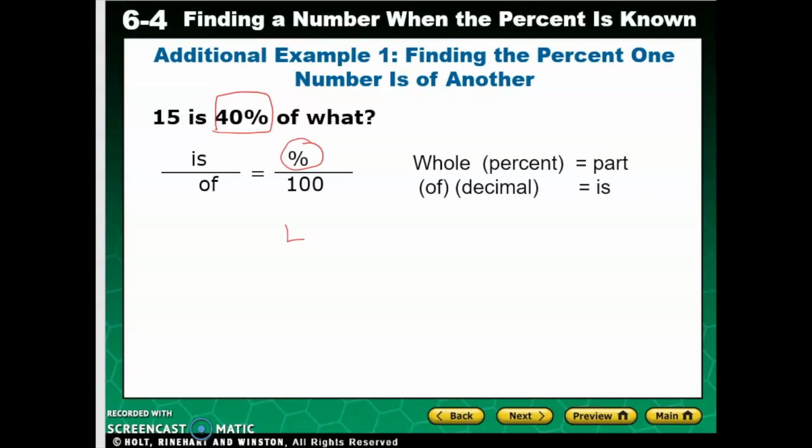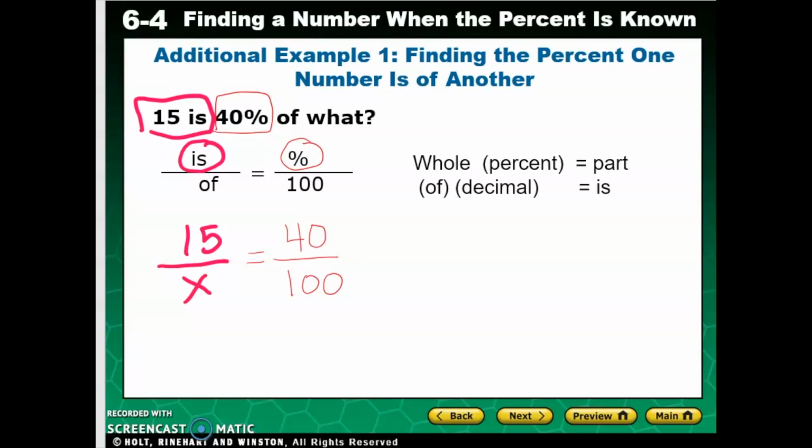So in my proportion, 40 would go over 100 because percents are always out of 100. Then I have 15 next to the word is. So 15 is going to go in place of the word is. And what I don't know is the whole amount, the of.